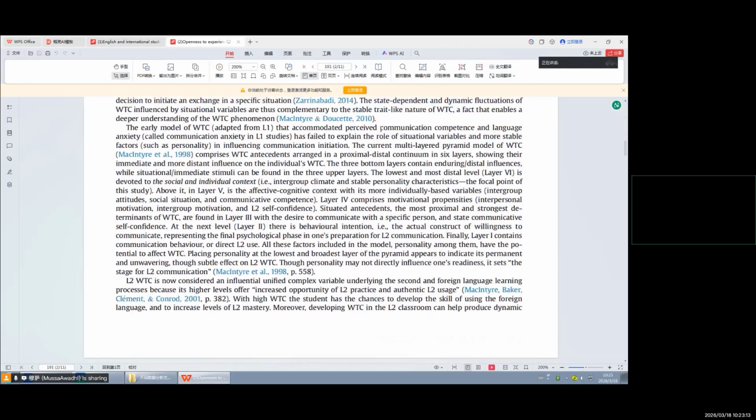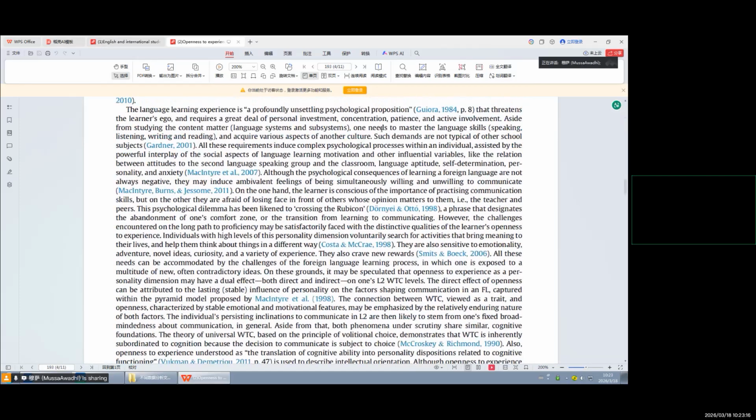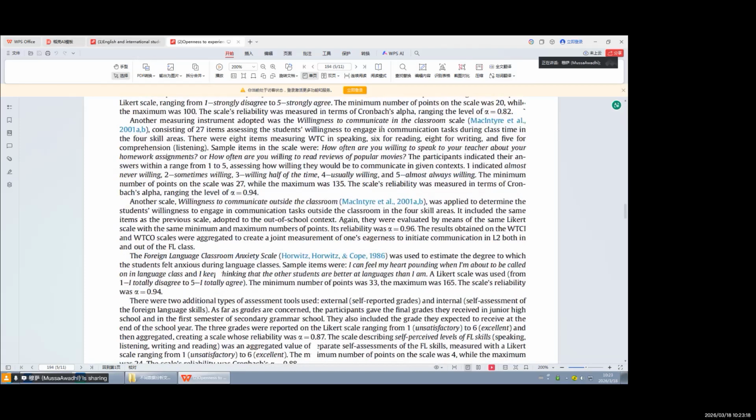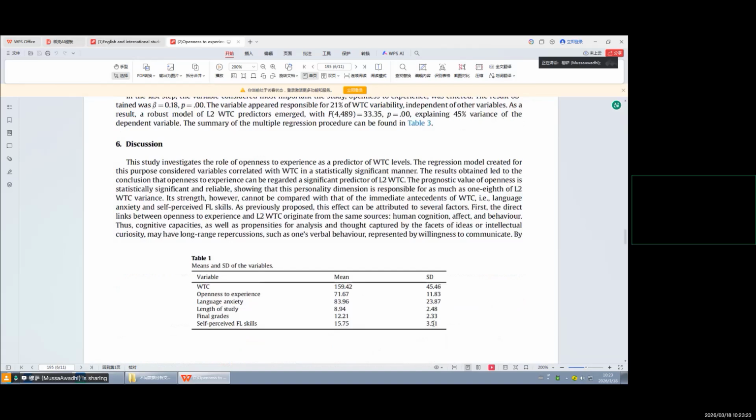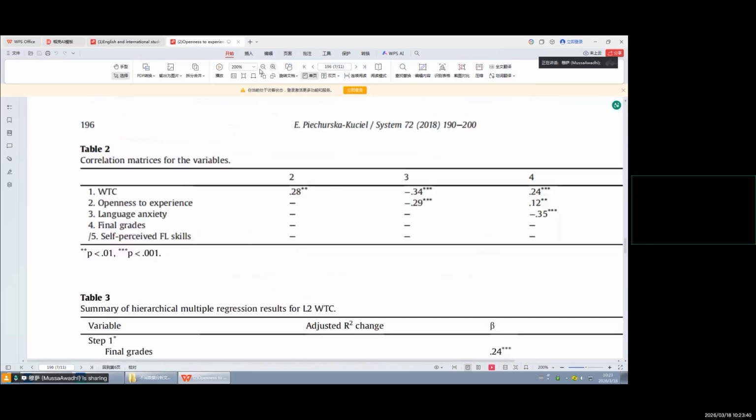For example, here, this is what? This is descriptive, right? We have the mean scores of the variables and the standard deviations of the variables. This is descriptive. But in here, you can see, as you said, the correlations and the relationships.